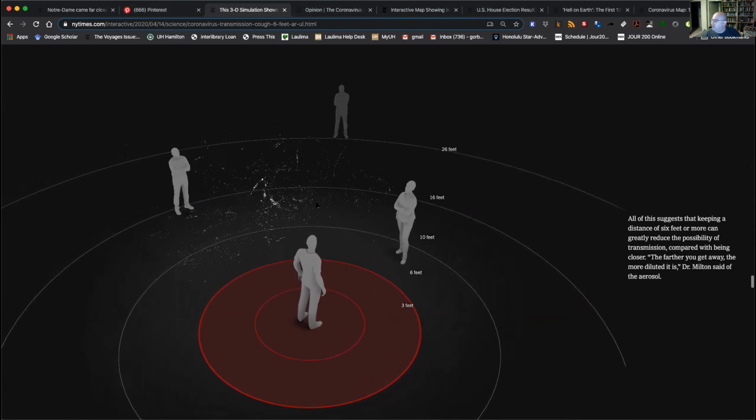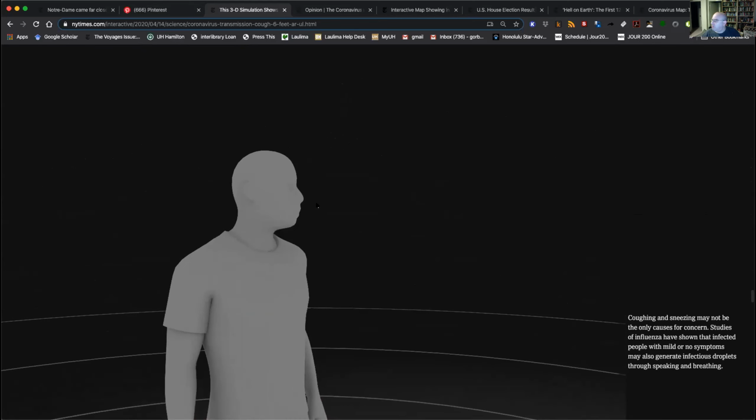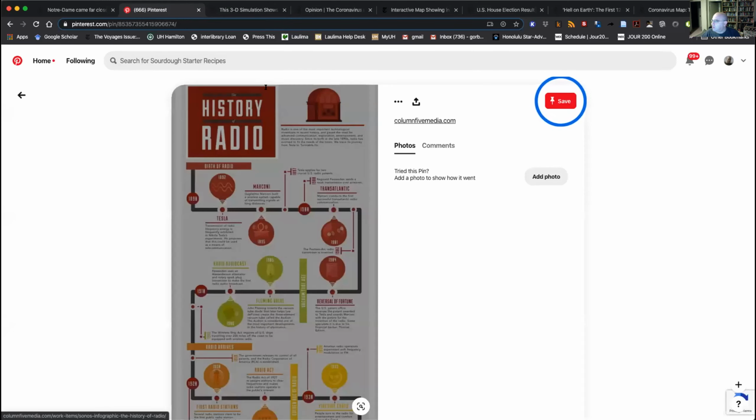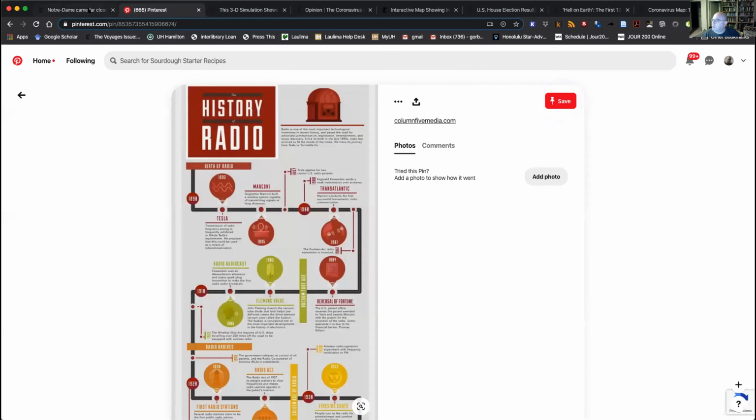But for you to develop one in this class, infographics range from something this sophisticated to something really this simple.